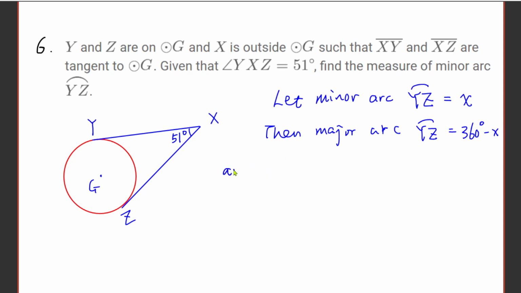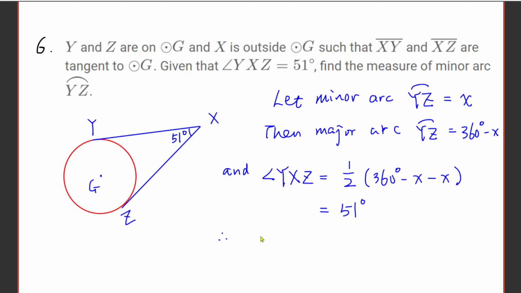And angle YXZ can be given by a half of the difference between the major arc and the minor arc, which is 360 degrees minus x and minus another x, right? Since we are given angle XYZ equals 51 degrees. So basically we have one equation in terms of x, only one unknown variable, right?